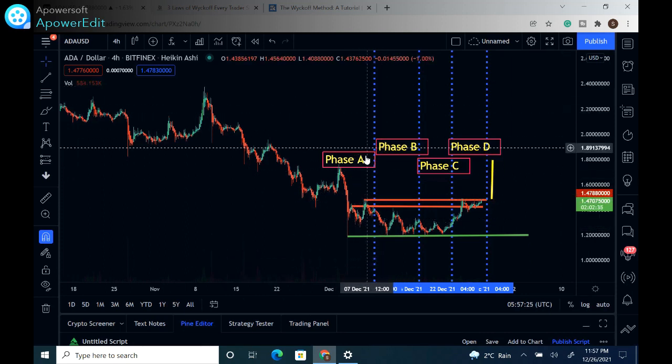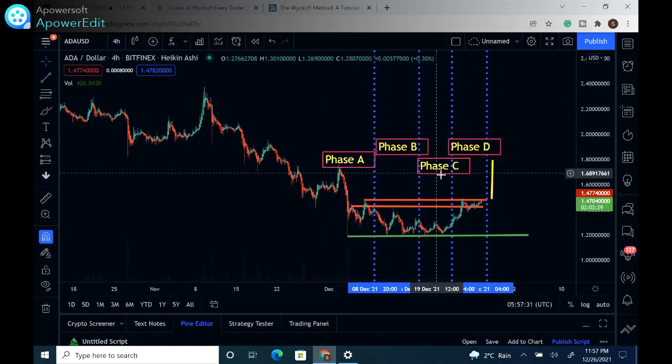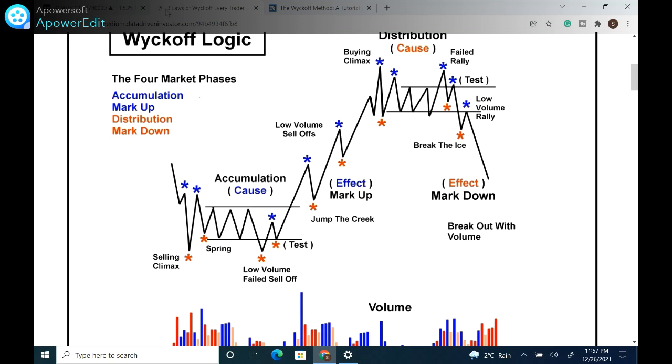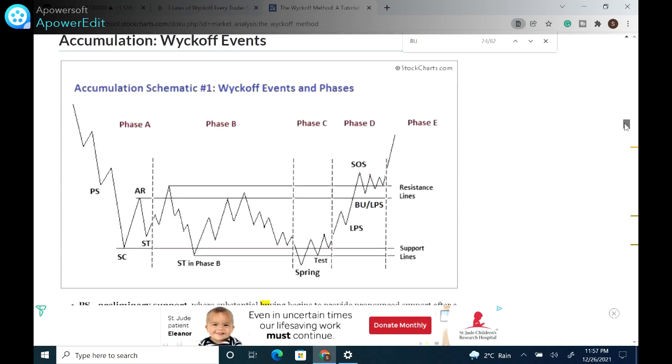So I have divided this Cardano chart into phase A, phase B, phase C, phase D, and phase E. So what is that? Basically phase A, what is that?